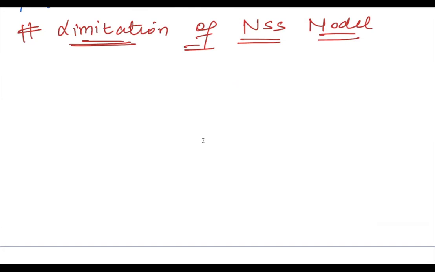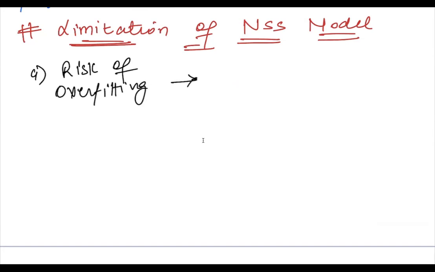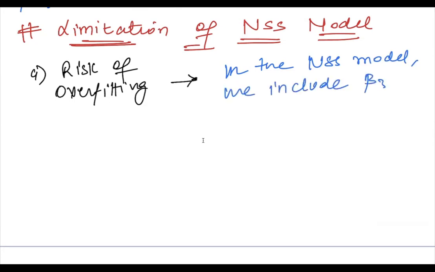So what are the limitations of the Nelson Siegel Svensson model? The first limitation is overfitting. So, risk of overfitting. If you see in the Nelson Siegel Svensson model, we included beta 3 and lambda 2.